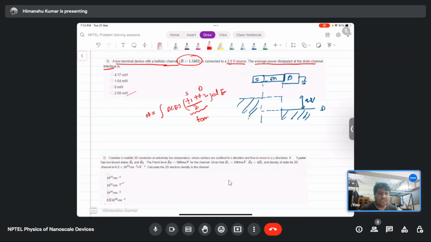Okay. So now as we can see from this, the Fermi potential in the channel region is just the average of the Fermi potential at the interface of the source and channel. So whatever the Fermi potential here and whatever the Fermi potential here, the channel potential will be constant.